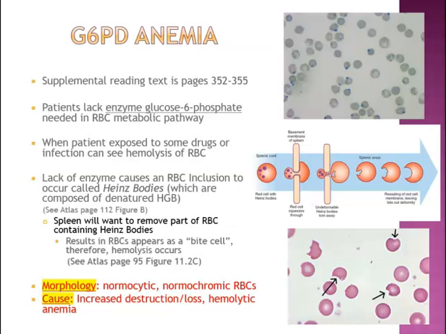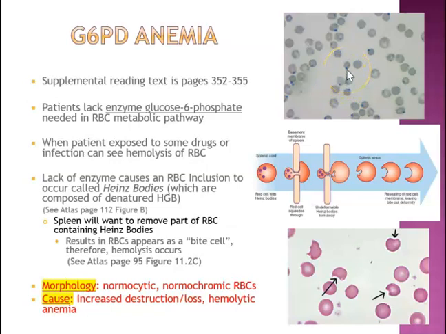And Heinz bodies are composed of denatured hemoglobin. So you can see what a Heinz body would look like under the microscope in these images up here. So you have your red blood cells, and this little blue dot that's kind of hanging off of our red blood cells, these are Heinz bodies.